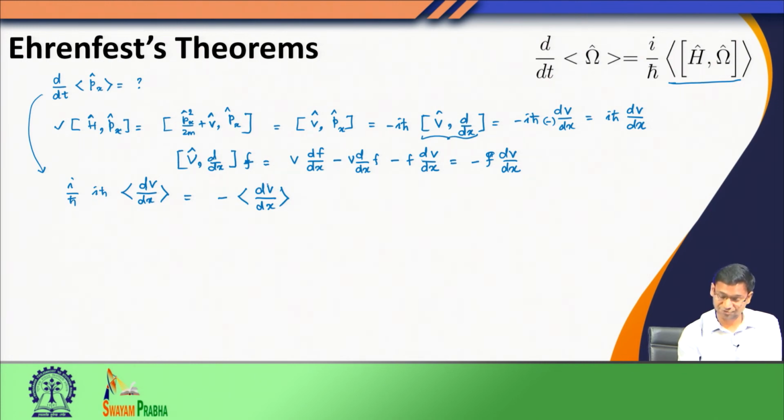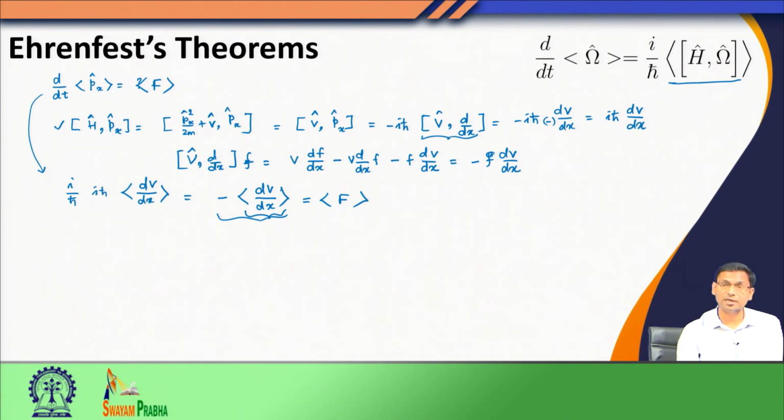V is the potential energy operator, and I know the negative gradient of potential energy with respect to the position is the force. So, therefore, what I have on the right hand side is the time evolution of the expectation value of P x, which is nothing but the expectation value of the force.